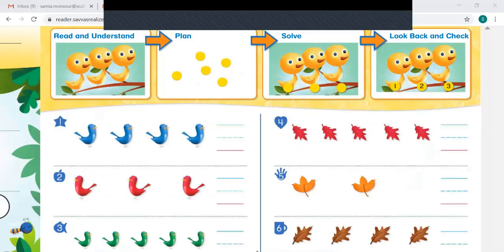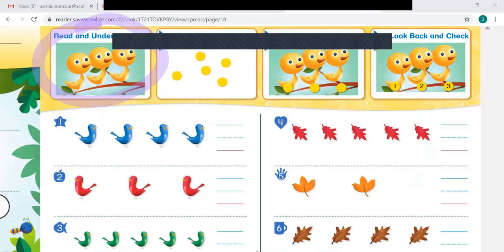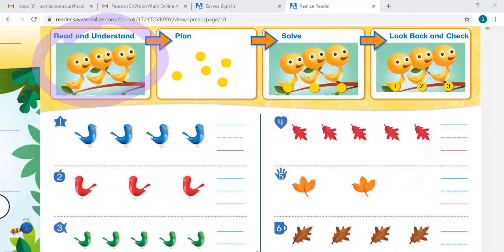Let's turn our paper over. All right, let's look over here at our first square. All right, what do you see? I see birds on a branch. How could you find out how many birds there are on the branch?